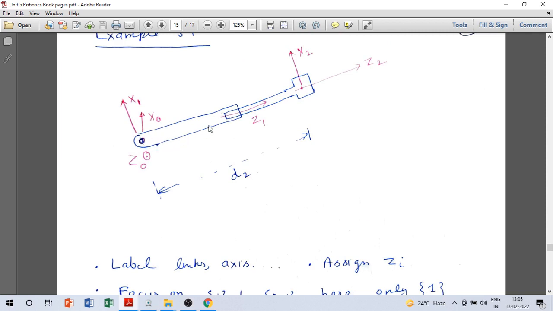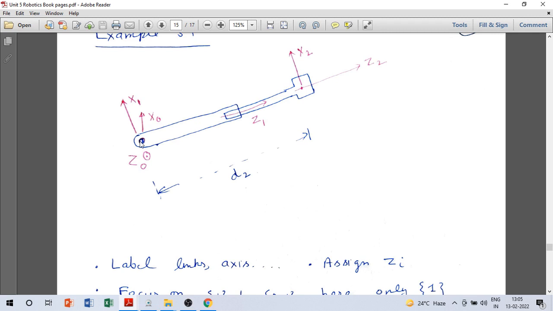To this link we have to assign frame 1, and there are two axes, Z0 and Z1, and they actually intersect. Z0 is coming towards us, Z1 is in this direction, and they intersect. So if they intersect, then what will be the direction of x1?